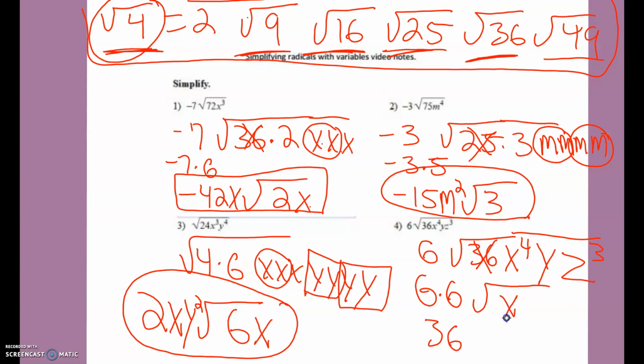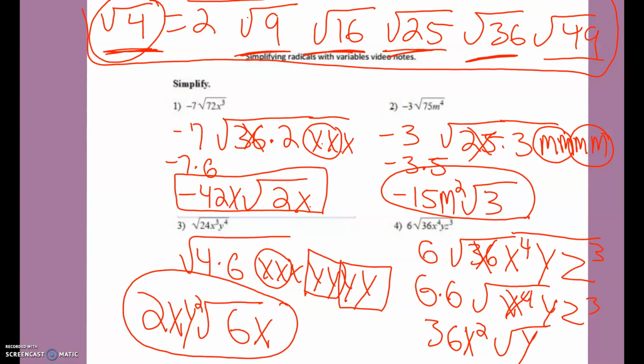Now let's deal with the letters, right? All right, how many groups of 2 can we get from the x's? Well, if there's 4, we could get 2 groups of x's, right? There's only 1 y. Remember, you need 2, so the y is going to stay in.